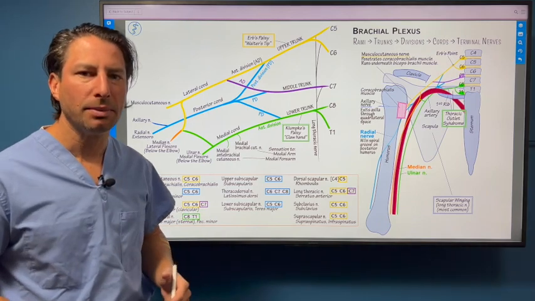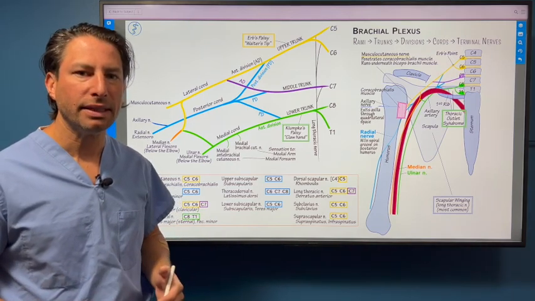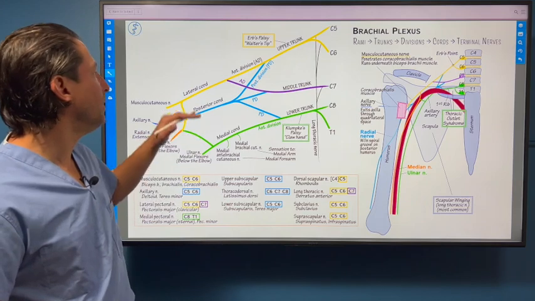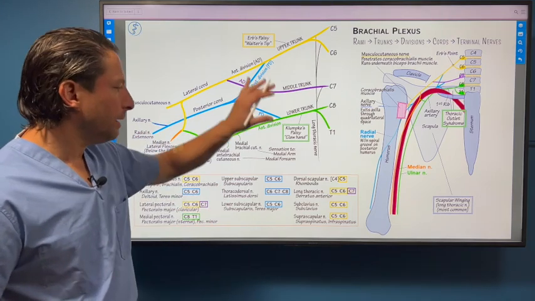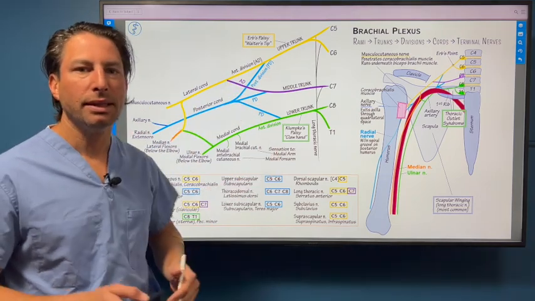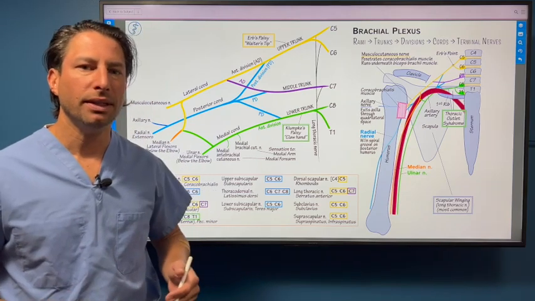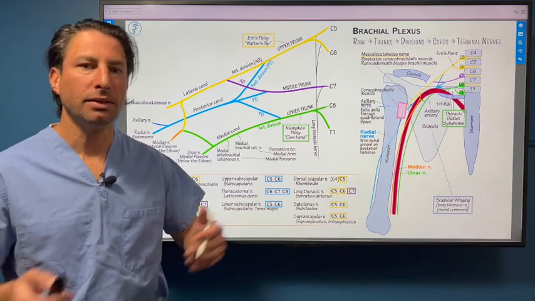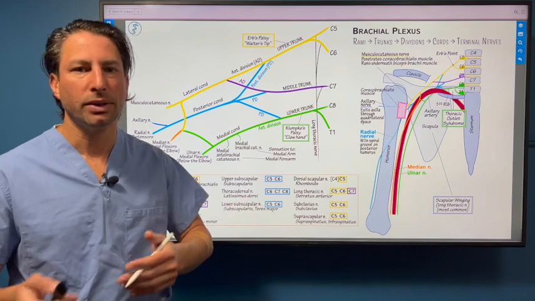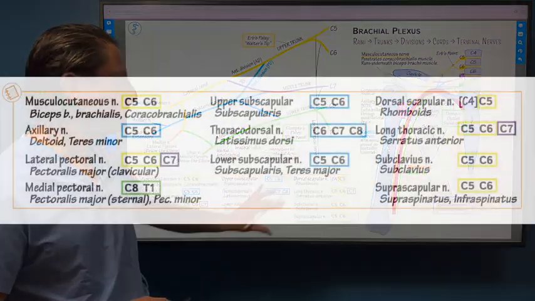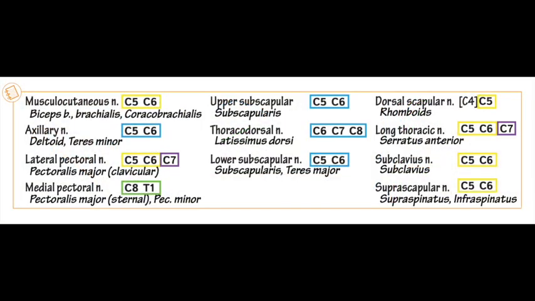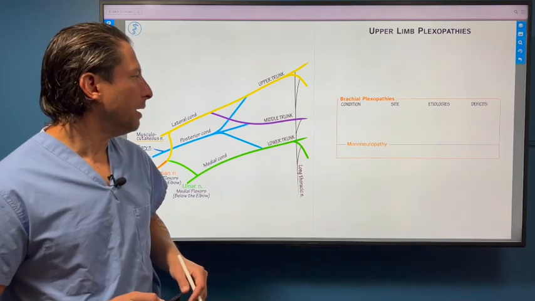So although the deltoid and the biceps both have C5, C6 innervation, they're innervated from different cords. And so this is the type of reasoning that you need to be able to do to differentiate whether something's coming from a muscle, terminal nerve, cord, or trunk based on all of this patterning. And it just takes time and repetition to get it down.